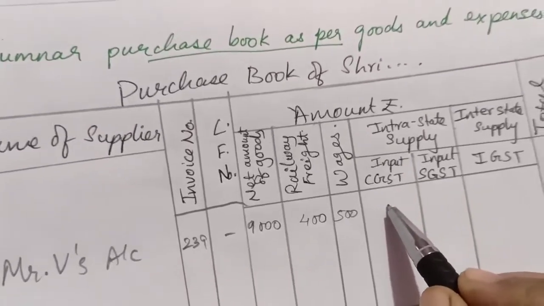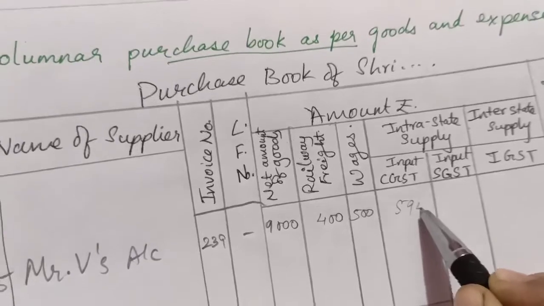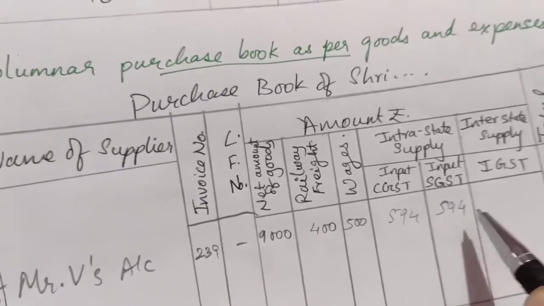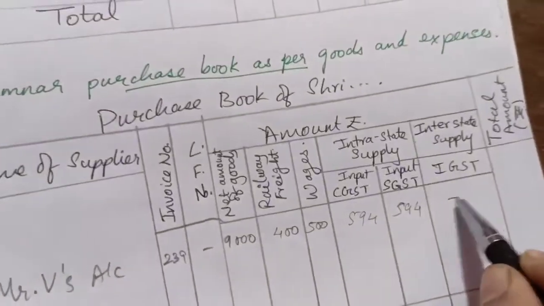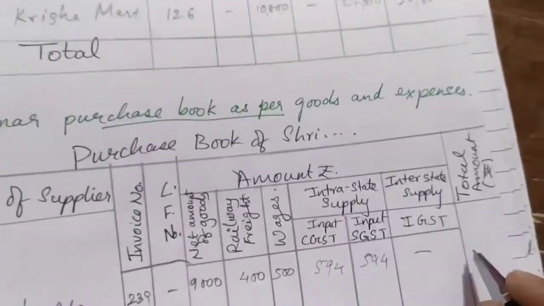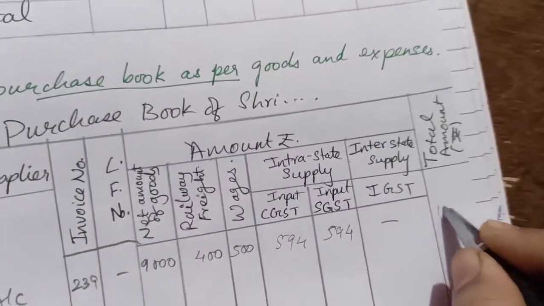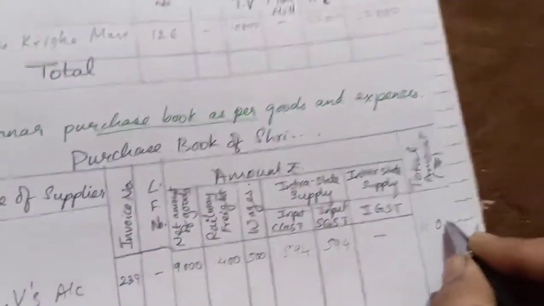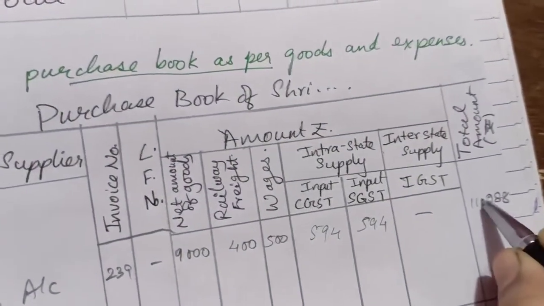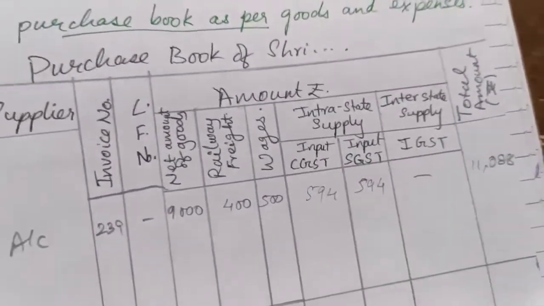So CGST will be 594 and SGST will also be 594. Then in the IGST column there will be nothing and the total amount of 11,088 has to be noted down as the total.